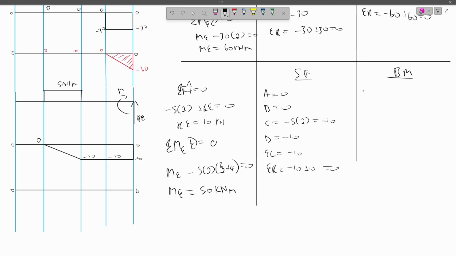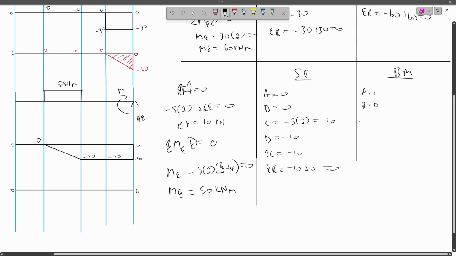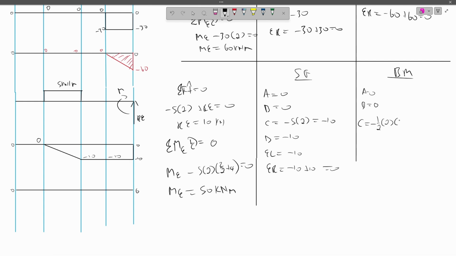Now let's do our bending moment calculations. Our A is 0, B is 0. And then our C will be minus 1 over 2 times 2 times 10, which is minus 10.